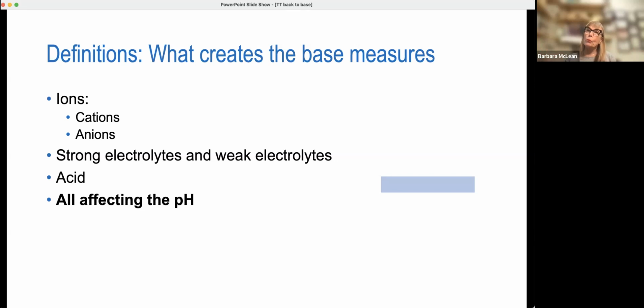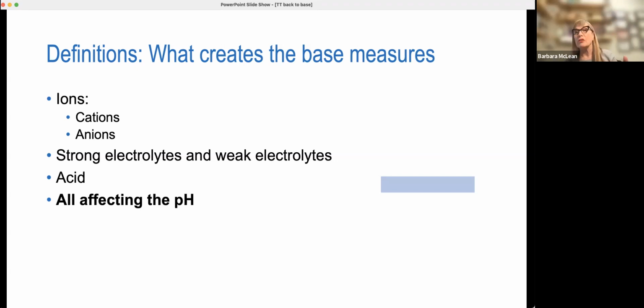Stronger electrolytes and weaker electrolytes, meaning more likely to dissociate or ionize, and less likely to dissociate and ionize, all of which is beyond what we need to fully investigate here, but just have an understanding about the importance of the electrolytes. And then, of course, the metabolic acid.